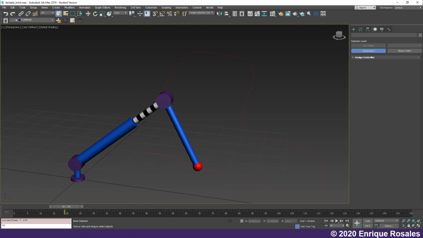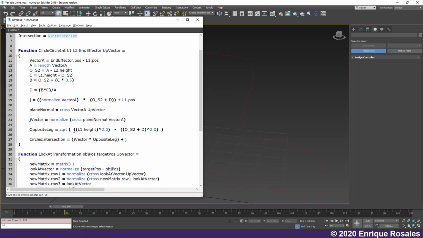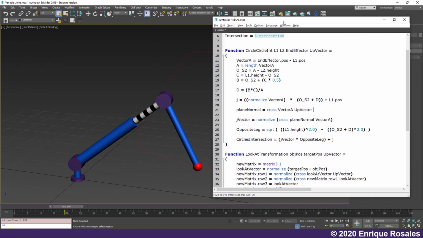So what does that mean? We know that in order to compute the circle-circle intersection, we need the radius of these 2 circles. So the first link, which is this one here, is used in here, right? When we compute C, we use the length of the first link, or the radius of the first circle, which is this guy right here.